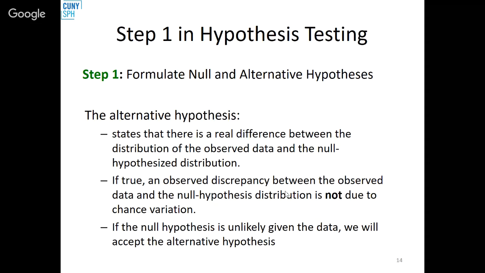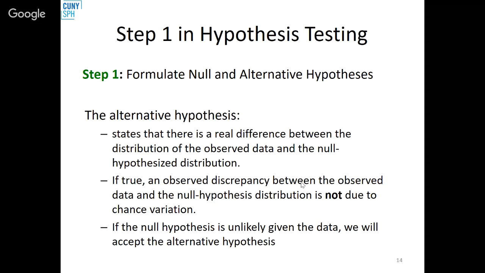So in that example of cholesterol, if the population average is 211, the sample average is 210, that's very close. Assuming that the standard error is not tiny, then maybe that's consistent with a population average of 211.